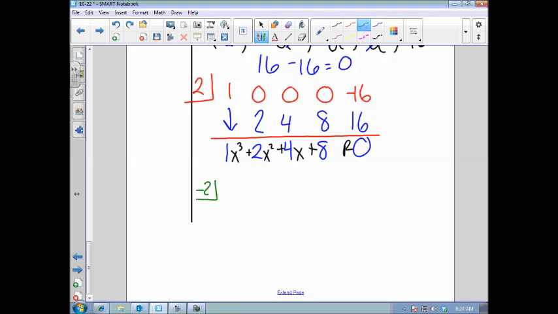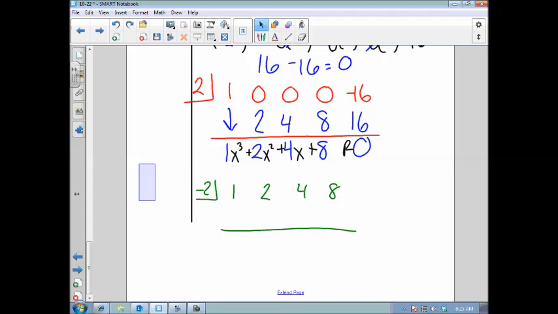Dividing out negative 2, because we can't use our factoring methods until we get to a quadratic, and we're still at a cubic right now. So the coefficients are all these in blue, but we don't use the remainder. 1, 2, 4, and 8. Try it again using negative 2. That's negative 2.